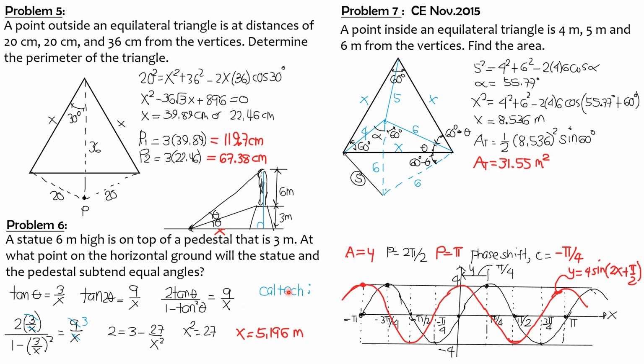For the calculator technique, there will be 4 choices and only one of them is the correct answer. So you have to evaluate. For instance, you choose letter A, so you can evaluate theta, inverse tangent of 3 over the choice in letter A. Then you have to evaluate inverse tangent of 9 over choice A. If this angle, inverse tangent of 9 over choice A, is double the angle in the first part, then that would be the answer.